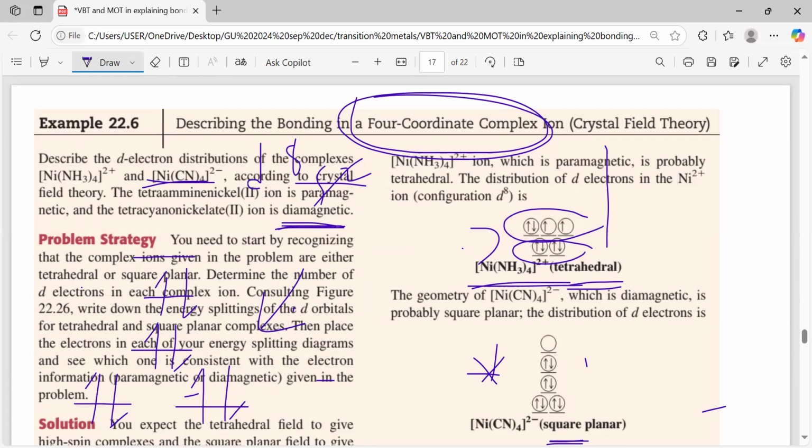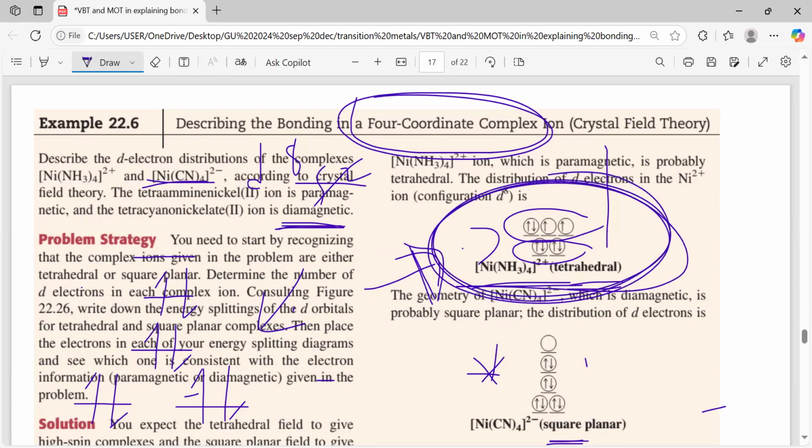So it's about pairing and not pairing. Because if we do the same ion, remember, it is the one that we are using throughout. Nickel 2+ here, nickel 2+ there, and also nickel 2+ here.